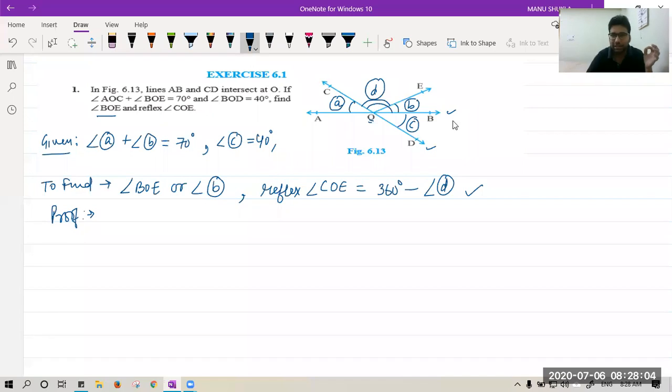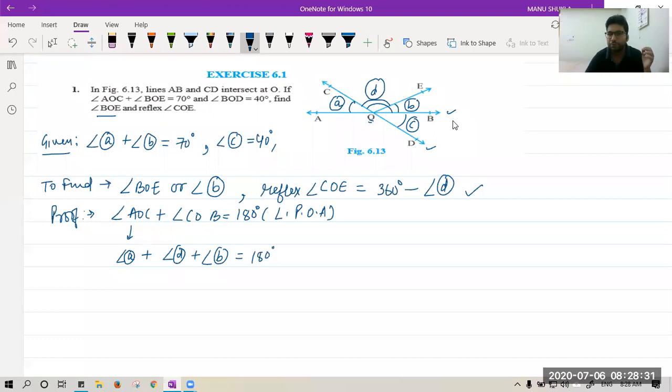I can say angle AOC plus angle COB is equal to 180. Why? Because of linear pair of angles. After this, you can say AOC is actually angle A plus COB is angle D plus angle B. This is equal to how much? 180 degree.